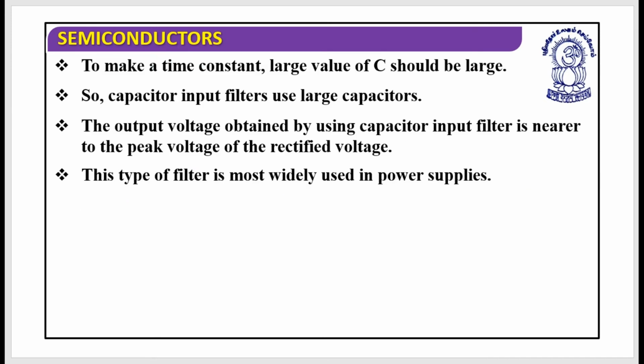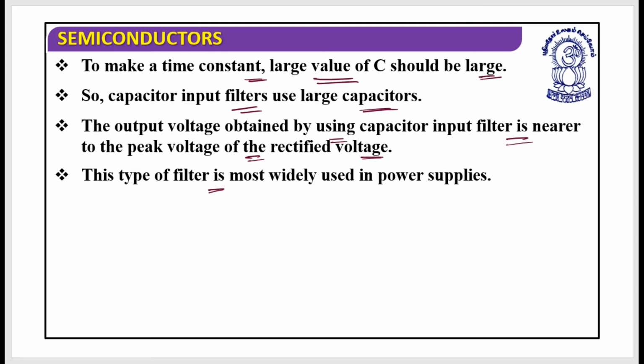So to get a steady output, the time constant should be large, so the value of C should be large. So capacitor input filters use large capacitors, because if C is higher, the ripple is lower, and the output voltage obtained by using a capacitor input filter is nearer to the peak voltage of the rectified voltage.